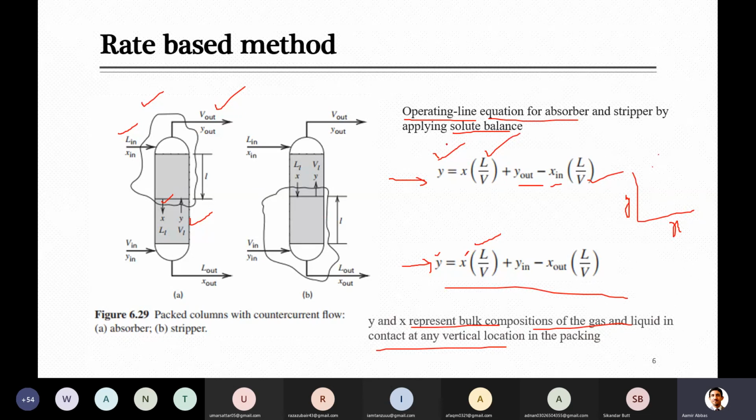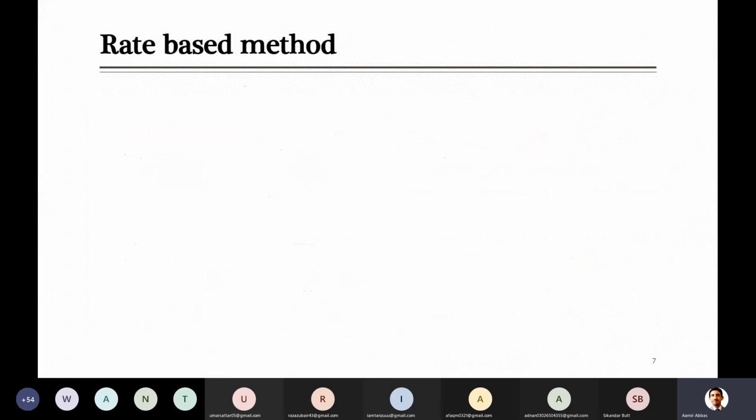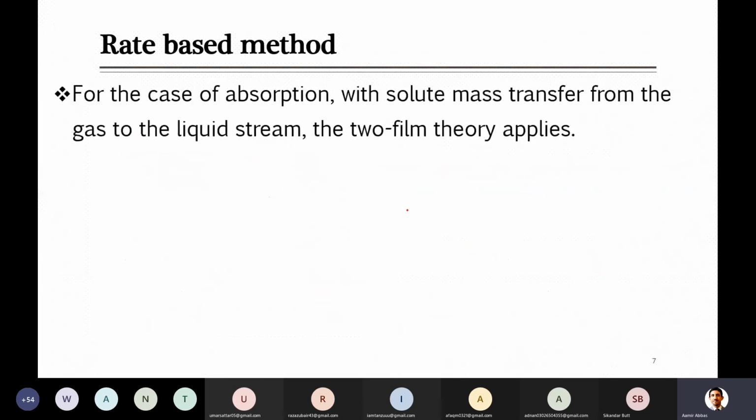So these are the equations which will be used to draw the lines which we call operating lines. When you use this method for absorption, a solute is mass transferred from the gas to the liquid stream.